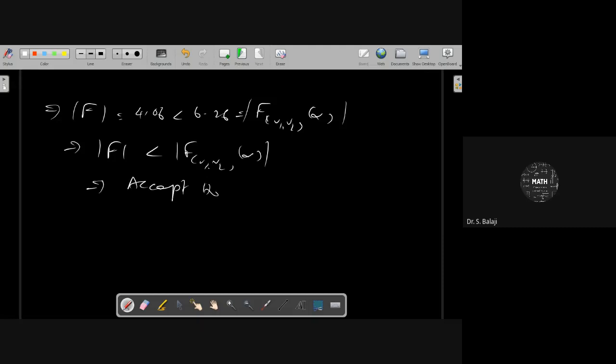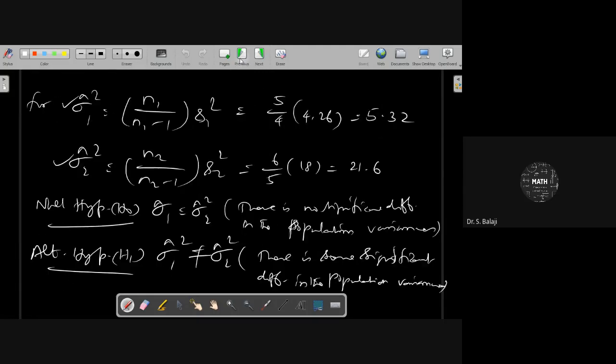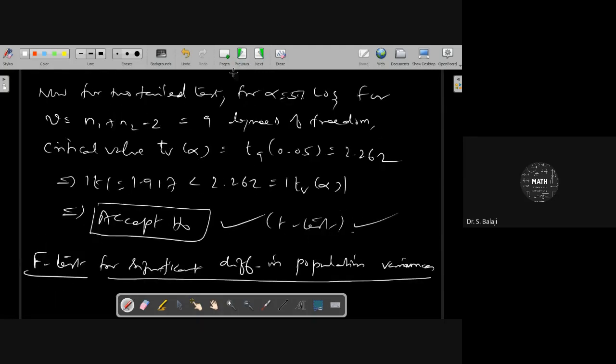That comes under the F test. For the F test, we also accept H0. Already the T test also accepts H0.